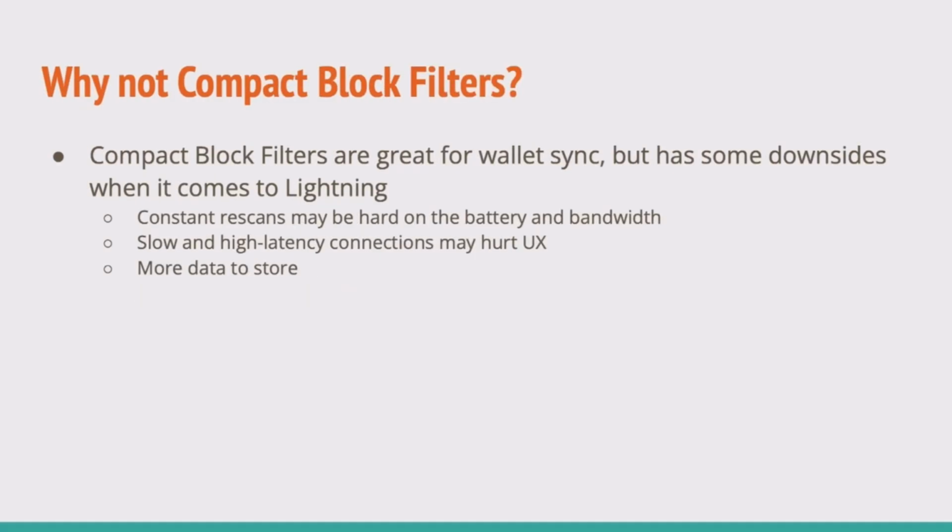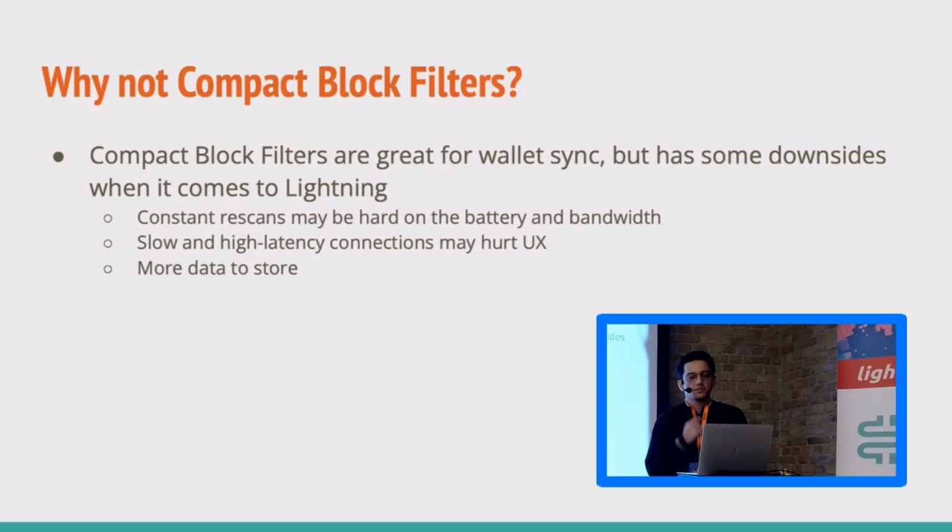Another way you could do this is with compact block filters, which is a way to find transactions relating to some addresses or spending some UTXOs. But it has some problems: you need to do a lot of calculations for every single UTXO you want to find. And in some high latency, slow network connections, it can hurt UX a lot.